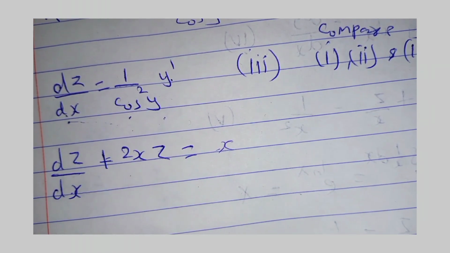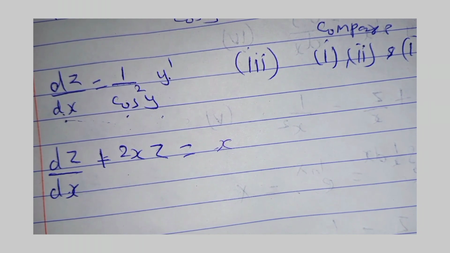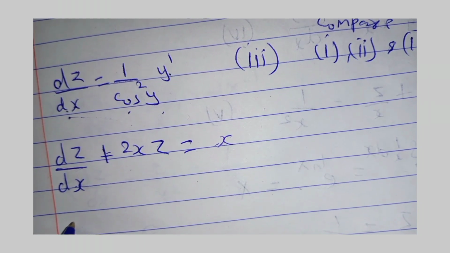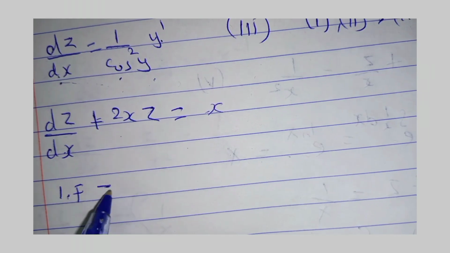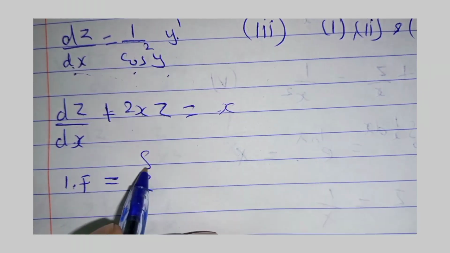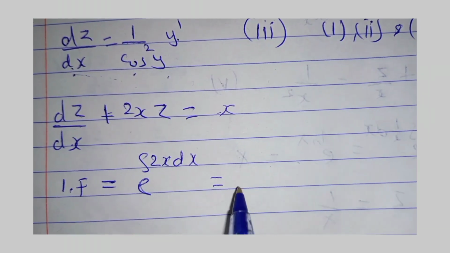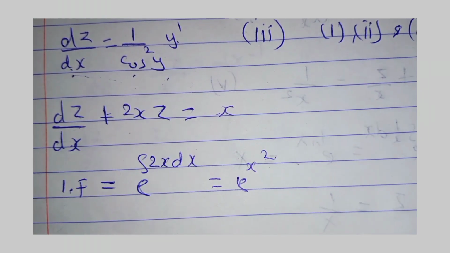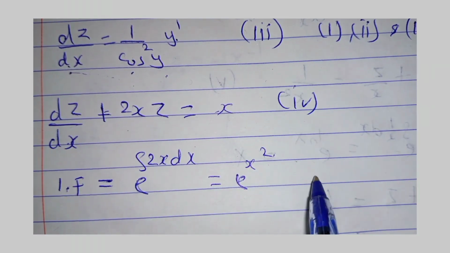Then at this level, we are going to get our integrating factor as follows. Our integrating factor will be given by exponential of the integral of 2x dx, which is equal to exponential x squared. You can call this equation 4. Then you call this 5.